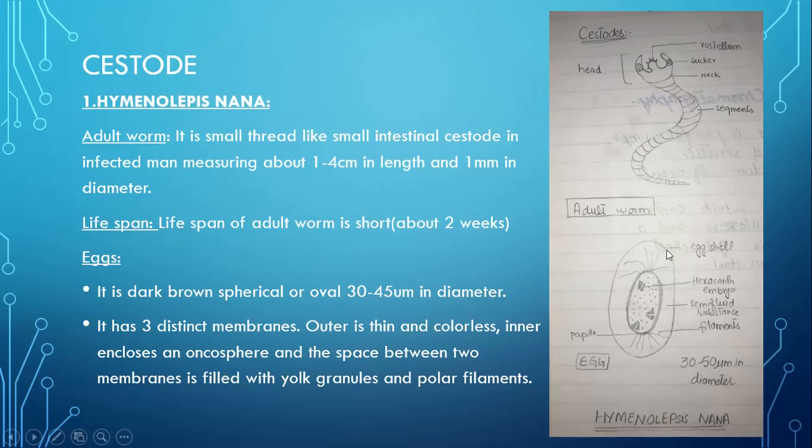So this is the eggshell, this is the inner membrane, and these are the hexacanth embryo. The space between the 2 membranes is filled with yolk granules and polar filaments.